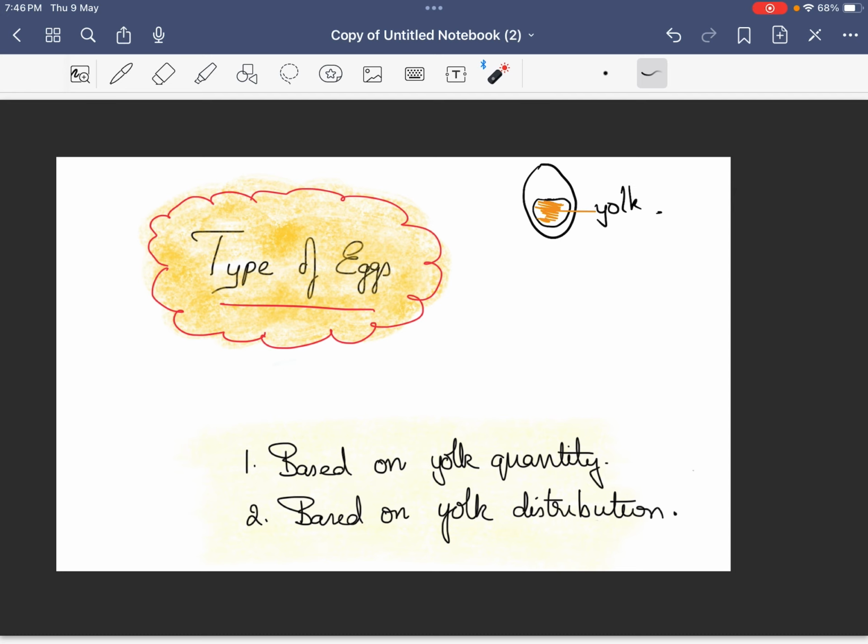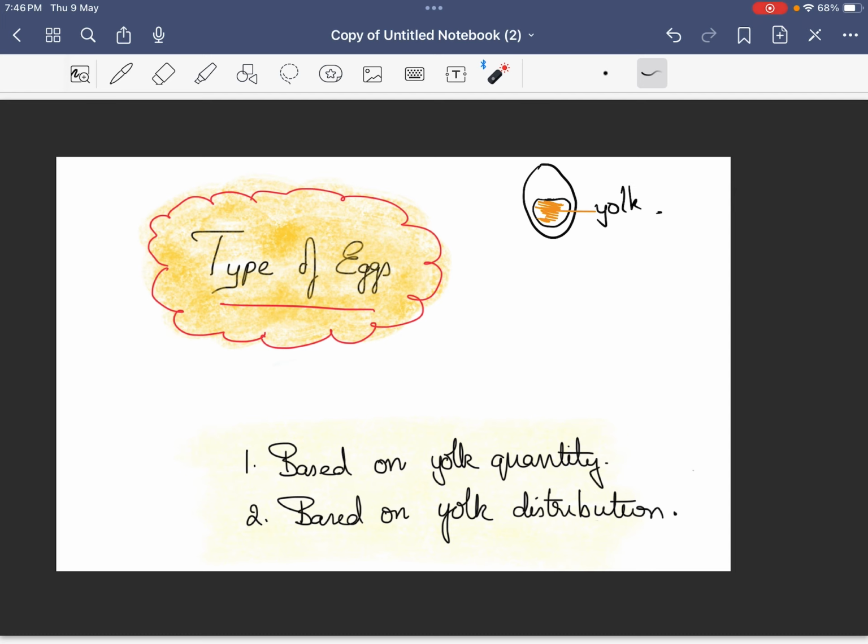When you compare such an egg, of course the yolk formation will be comparatively less than in the eggs of reptiles, birds, etc. On this basis, we can classify the type of egg first on the basis of the quantity of yolk, whether it is less, more or moderate.